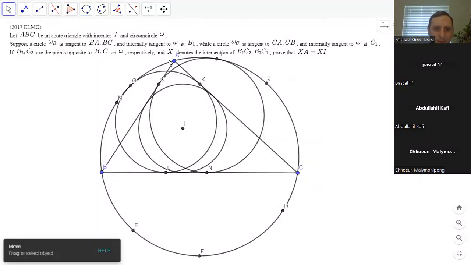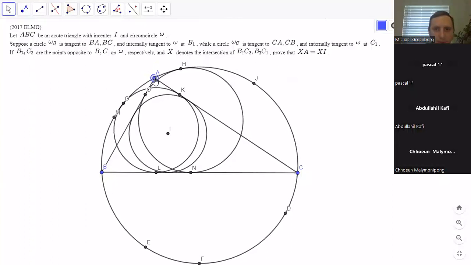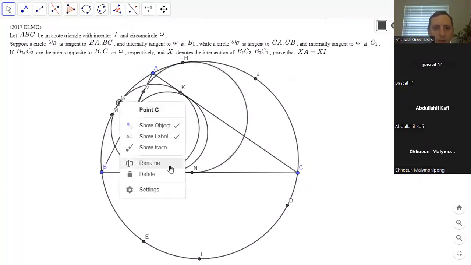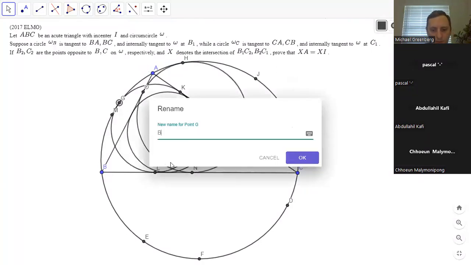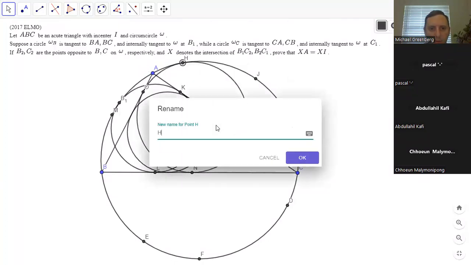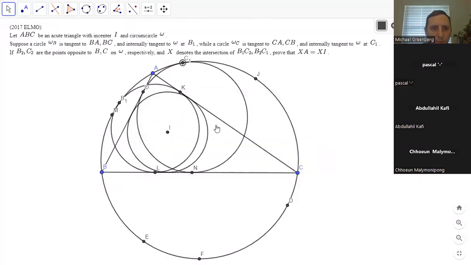So, all right. So we have, this is WB, this is WC. Okay, so this is B1. And this is C1. And B2, C2 are opposite of B and C, the antipodes.